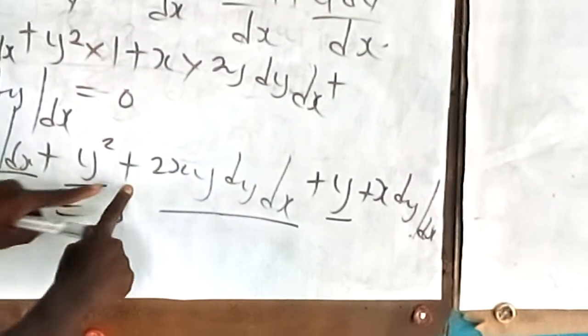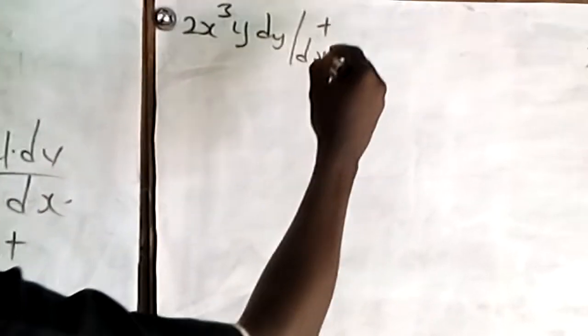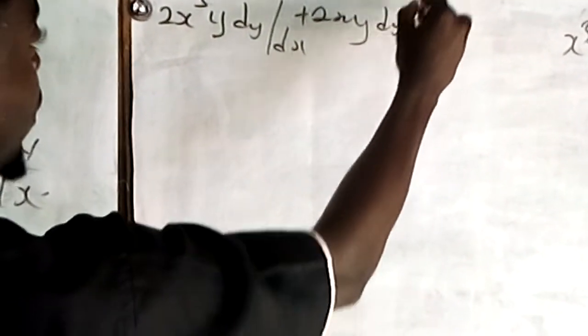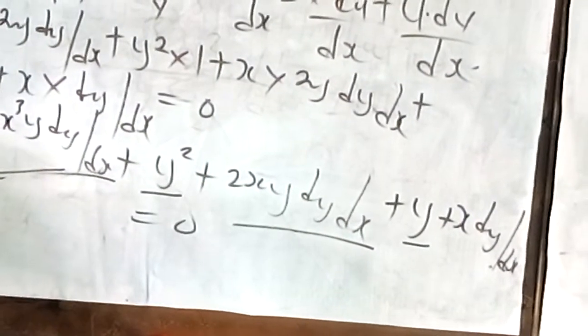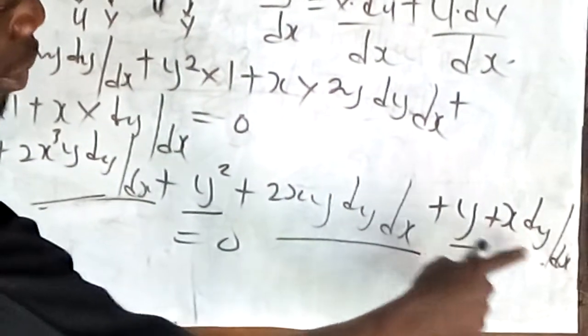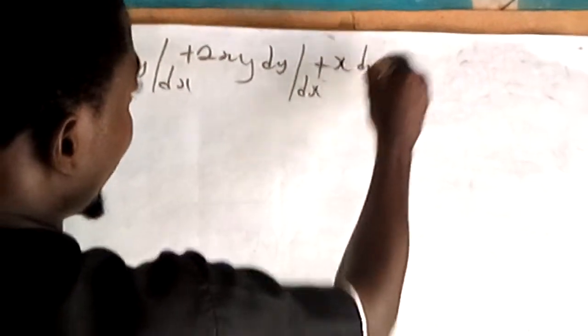But take note, there is a plus sign, so plus 2xy dy/dx. So you have taking this and this, it's remaining plus x dy/dx. So you have plus x dy/dx.